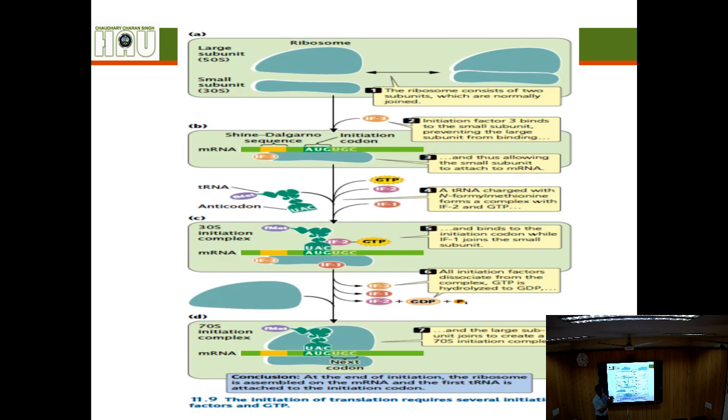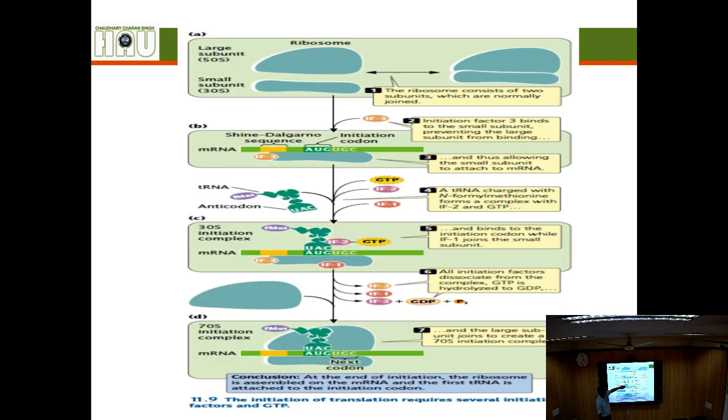This binding prevents the large subunit from binding to the small subunit, so the small subunit is available for binding with the mRNA, and then the mRNA attaches to the ribosome. After this, you have the first charged tRNA molecule carrying N-formyl methionine.